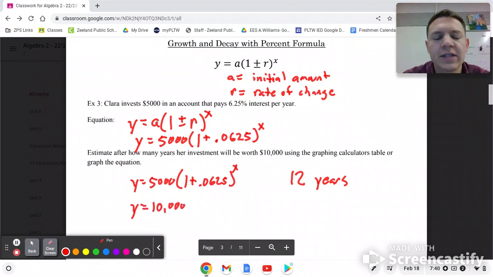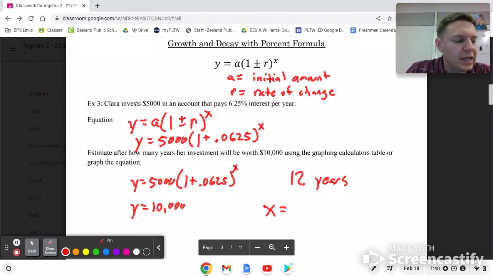That's going to give you two lines on your graph, and you just see where those graphs intersect. That's a calculation you can do on your calculator. You can find the intersection of two curves.